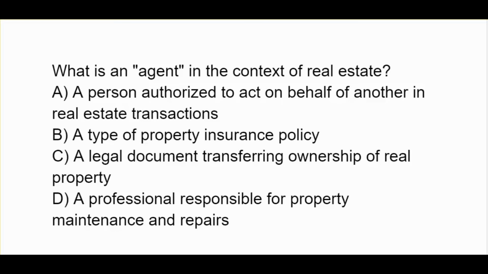What is an agent in the context of real estate? A, a person authorized to act on behalf of another in real estate transactions. B, a type of property insurance policy. C, a legal document transferring ownership of real property. D, a professional responsible for property maintenance and repairs.